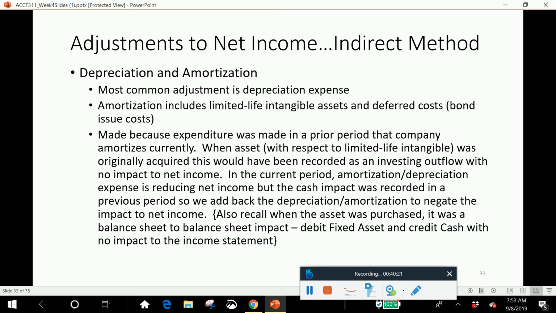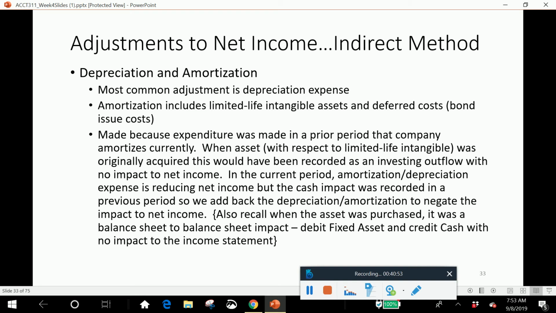Amortization acts just like depreciation, except that it is usually limited life intangible assets and deferred costs such as bond issuance costs. So the main reason that we're making these types of adjustments is because the expenditure, which had the cash outlay, was made in a prior period, and that asset that was originally acquired would have been recorded as an investing outflow with no impact to net income at its acquisition.